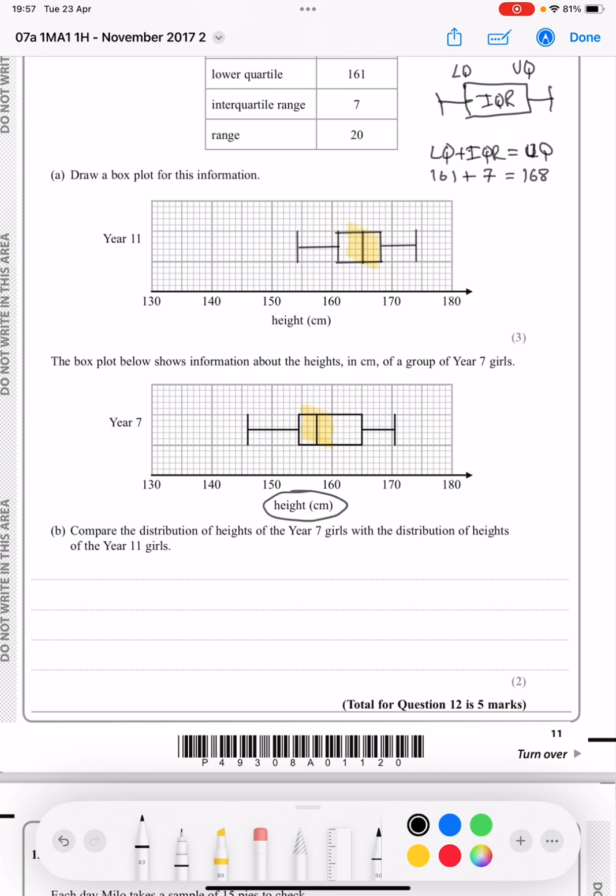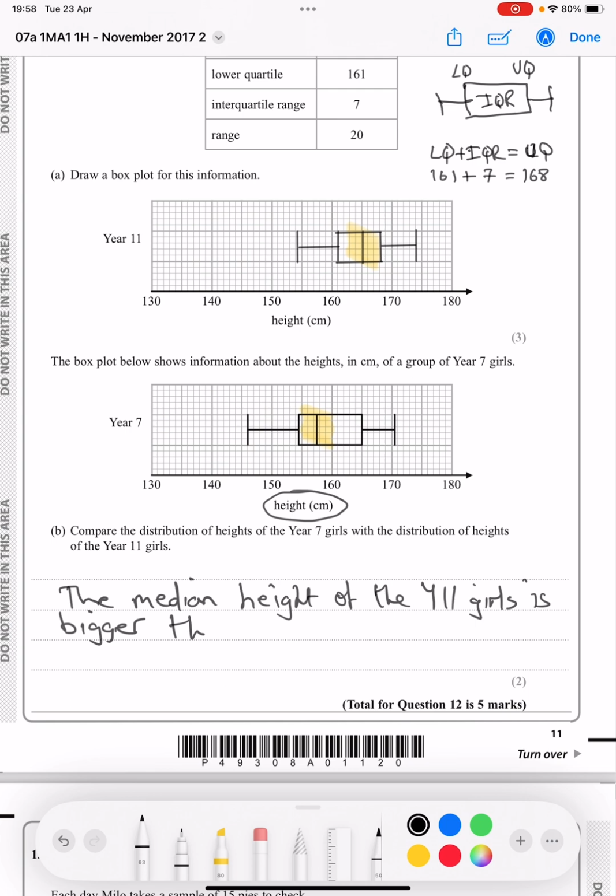So I'm going to put the median, then I'm going to use my context: height of the year 11 girls is bigger than year 7.